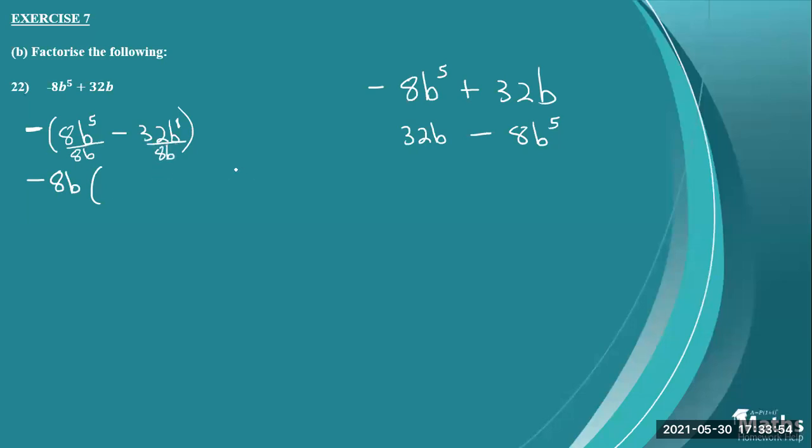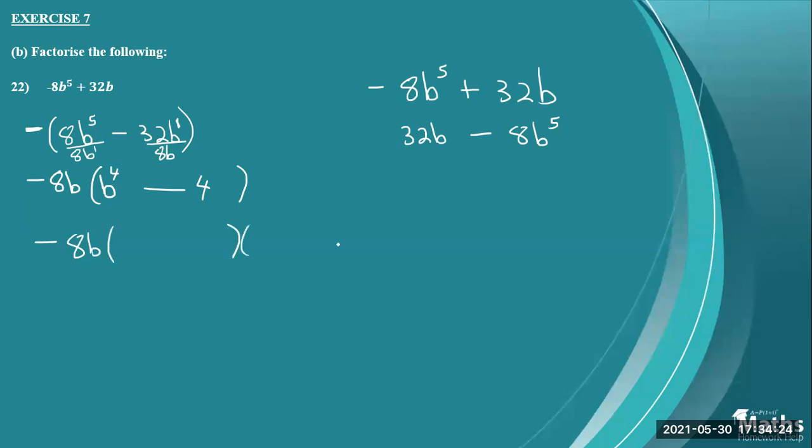If you can do it by now, just by writing the answer, that's way faster and way better. So in your head, you say 8 divided by 8 is 1. You don't have to write the 1. b5 minus b1 will be b to the power of 4. So the 1 is like an invisible 1, which you don't have to write. 32 divided by 8 is 4, and the b's fall away.